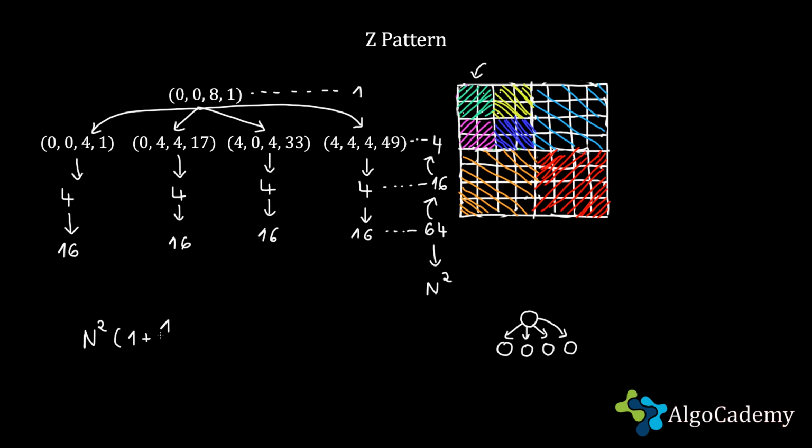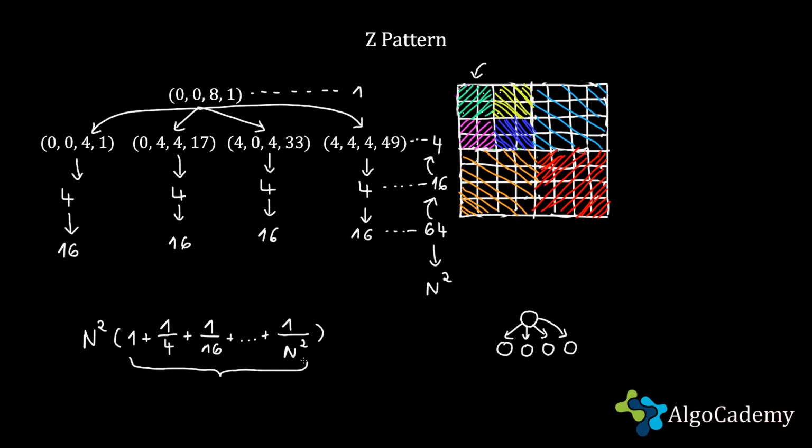The second one was n squared divided by 4, so 1 divided by 4, plus 1 divided by 16, and so on and so forth, until we reach 1 divided by n squared, which is also a power of 4. Awesome. Now all we need to do is approximate this sum.